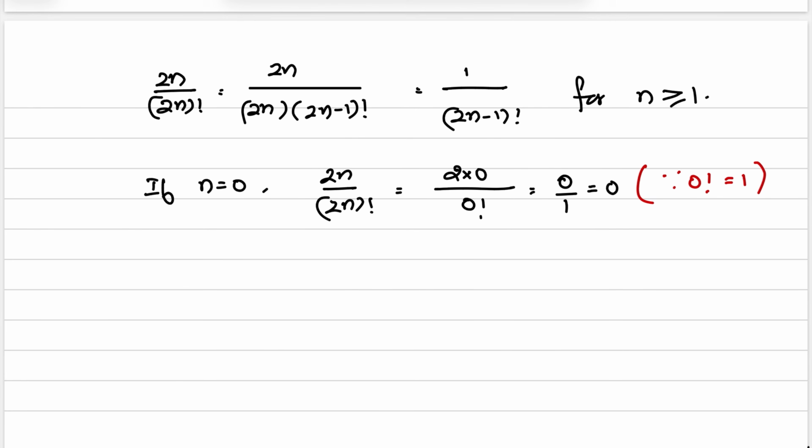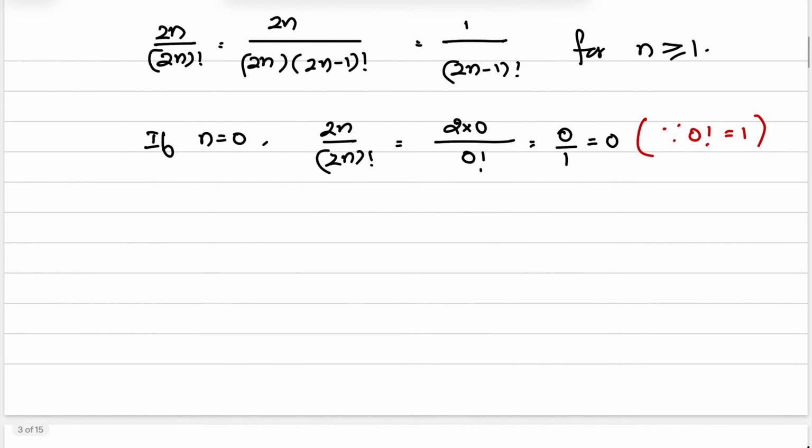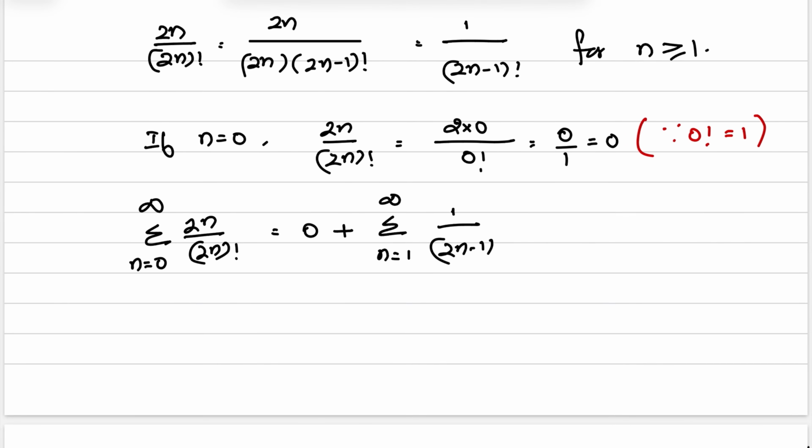Now, hence sigma 2n by factorial 2n, n is equal to 0 to infinity, that is equal to 0 plus sigma n is equal to 1 to infinity 1 by (2n minus 1) factorial.